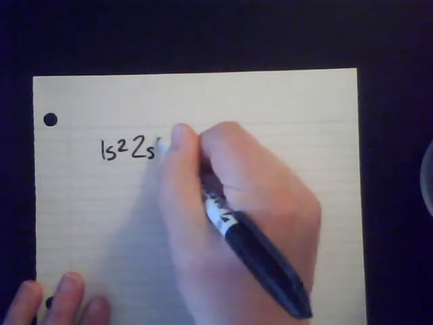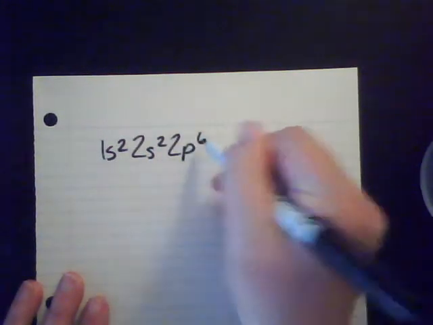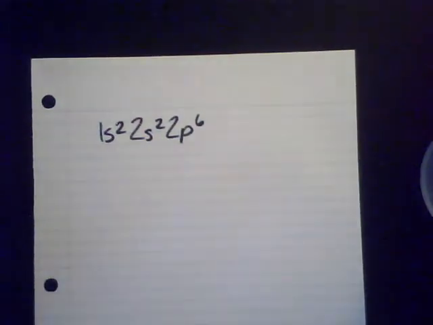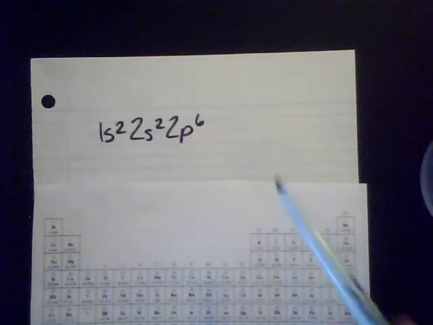If I give you one that looks like this, and said, what element is this? Then you would go to your periodic table, and you'd say, all right, well, what do I need to know? How am I going to use this? So I have 1s2, 2s2, 2p6. All right.